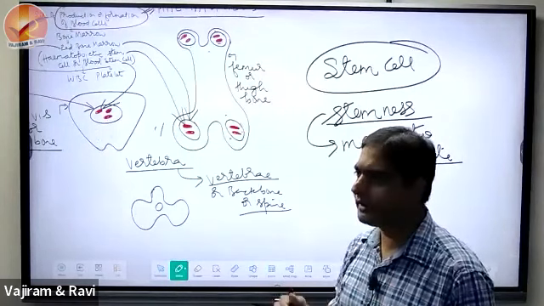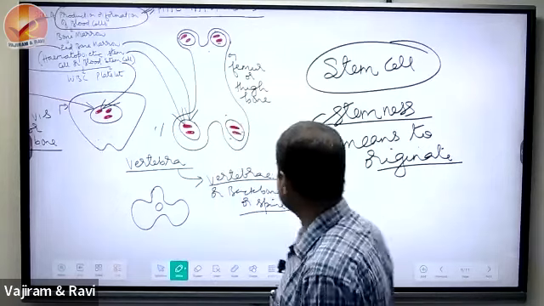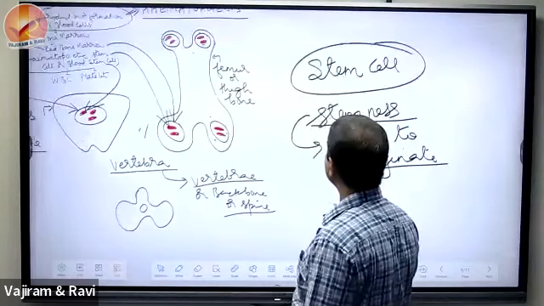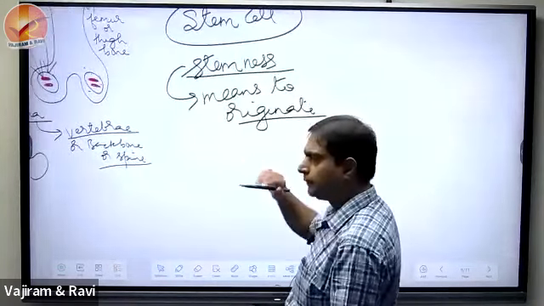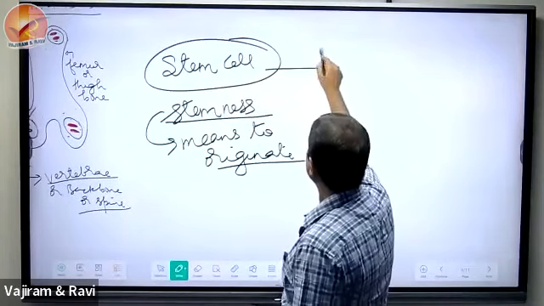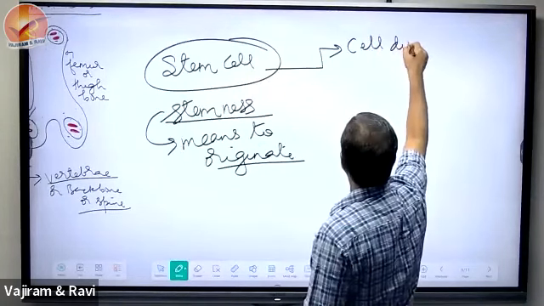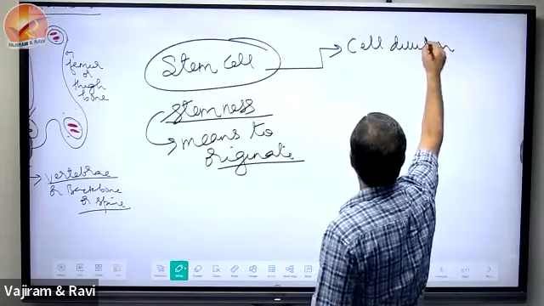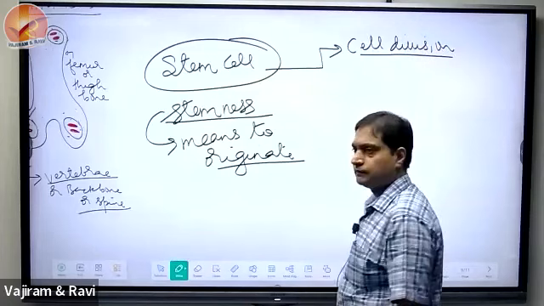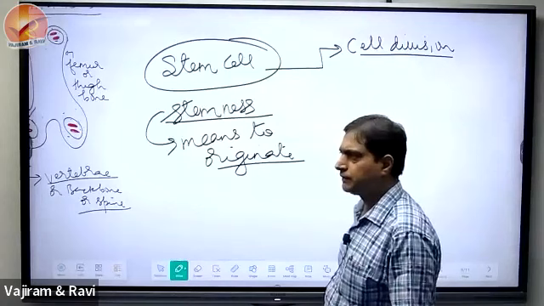So wherever stem cells are present in your body, that part of the body can regenerate and repair continuously, because stem cells are known for two fundamental properties. One is cell division, which is continuous in the case of the stem cell.